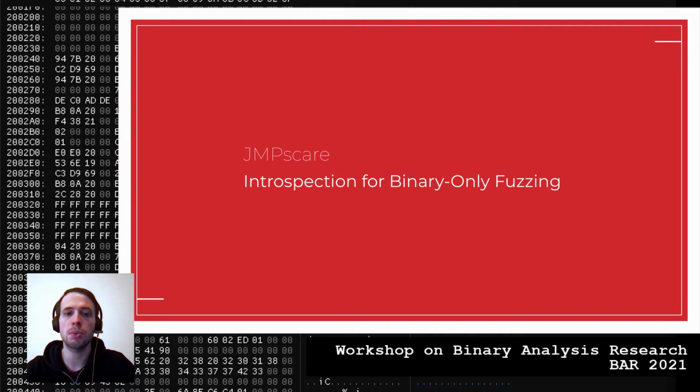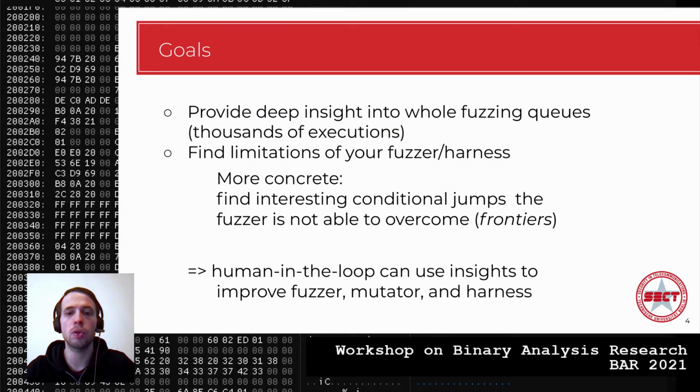So the goals for JMPscare are to provide deep insight into the whole fuzzing pipeline and queues and find limitations of the fuzzer. More concretely, to find interesting conditional jumps the fuzzer is not able to overcome, the things we call frontier. And the human in the loop can then use the insights to improve the fuzzer, the mutator, and the harness.